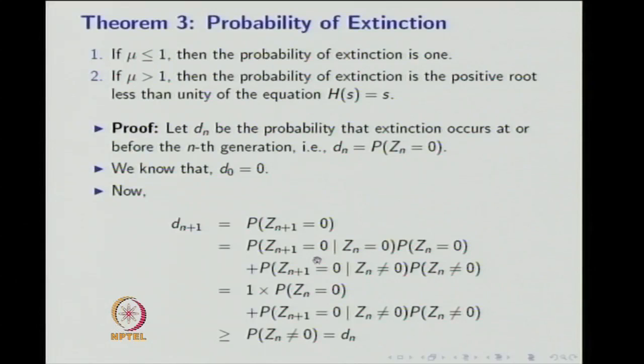Therefore, this will be 1 times the probability of Zn equal to 0, plus the probability of Zn plus 1 equal to 0 given Zn not equal to 0 multiplied by the probability of Zn not equal to 0.